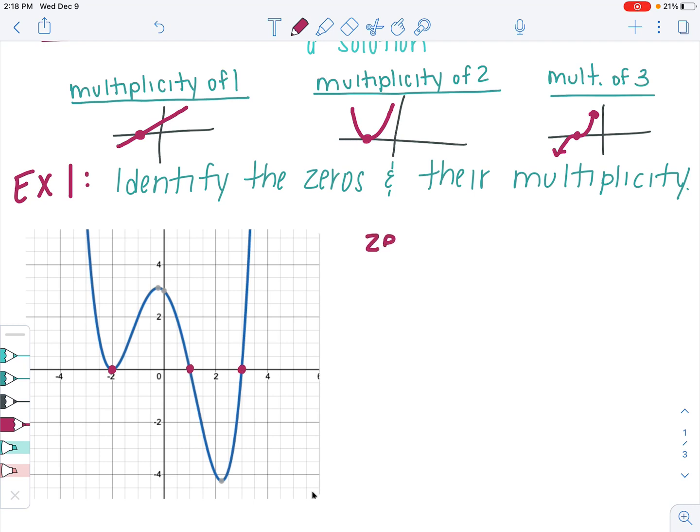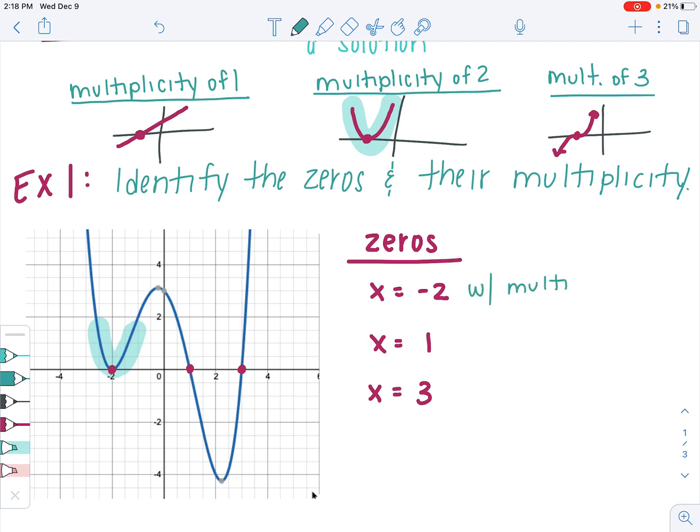So my zeros are x equals -2, x equals 1, and x equals 3. My zero at x equals -2 bounces off my x-axis, it looks like a parabola. That is a multiplicity of 2.